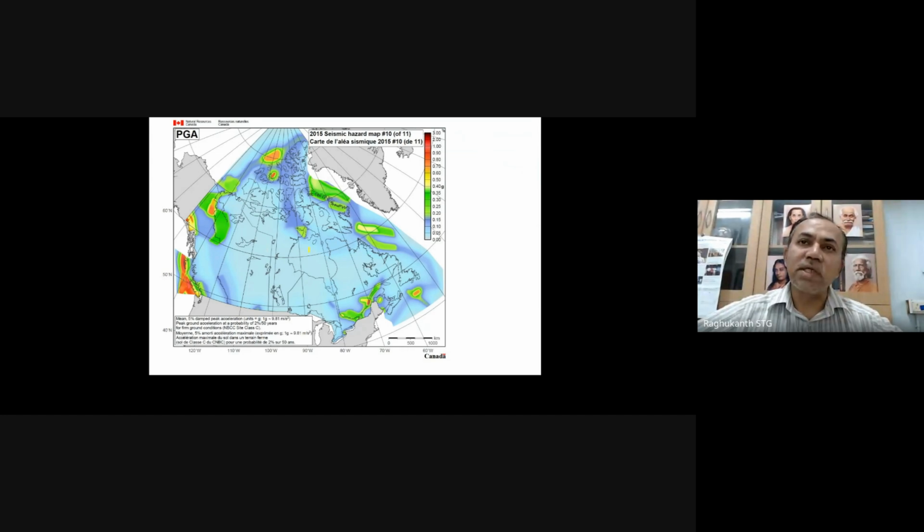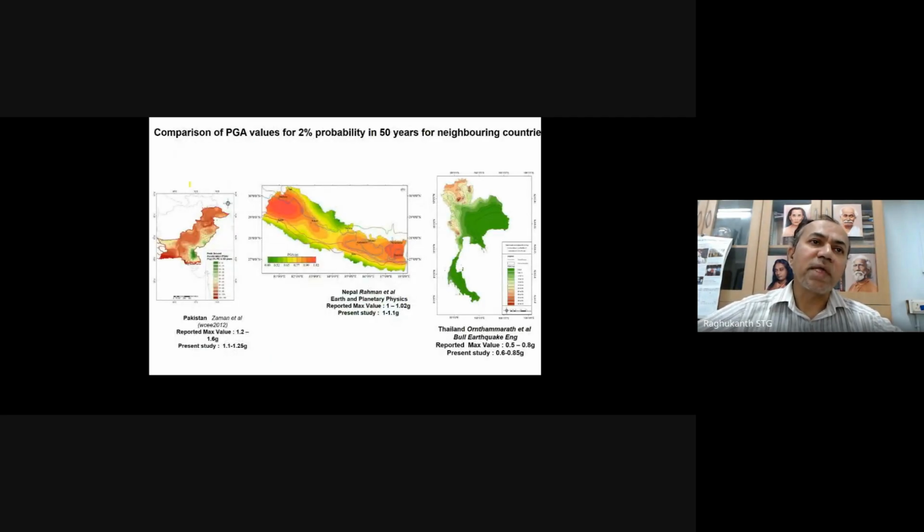This is being used in design at some places, while at other places 0.35 g to 0.4 g was used in the design. Similarly, if you see Pakistan's seismic hazard map, they also reported somewhere around 1 g to 1.2 g, and even in Nepal, when they do PSHA analysis, they get PGA values around 1 g.